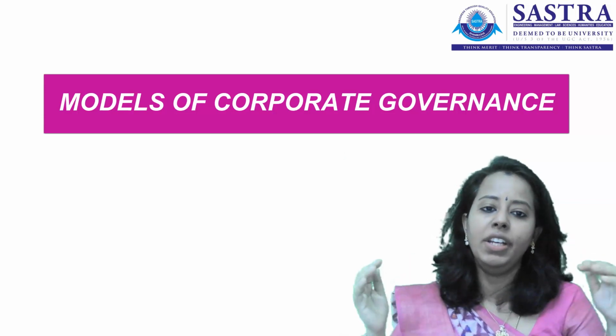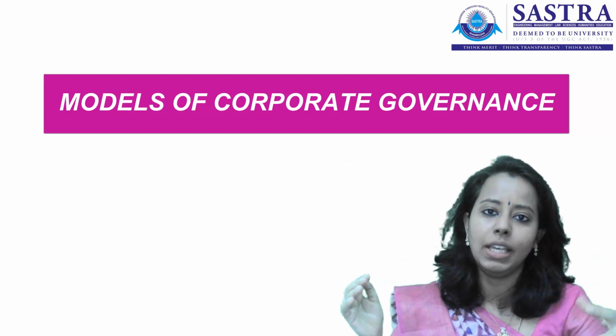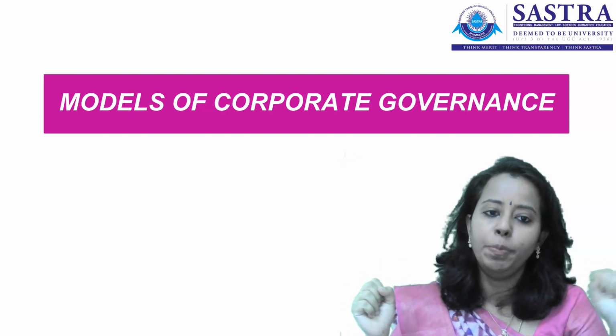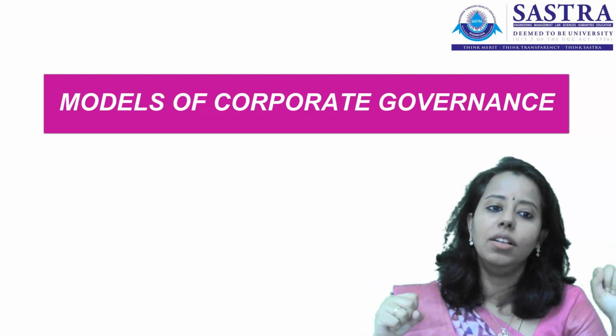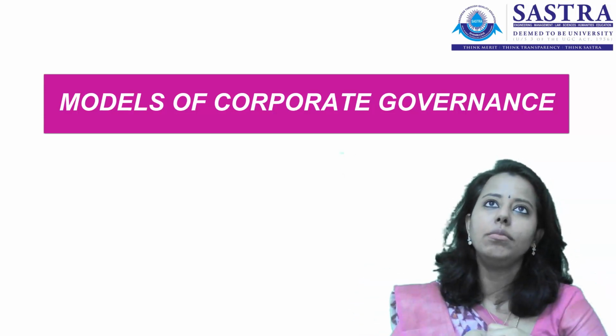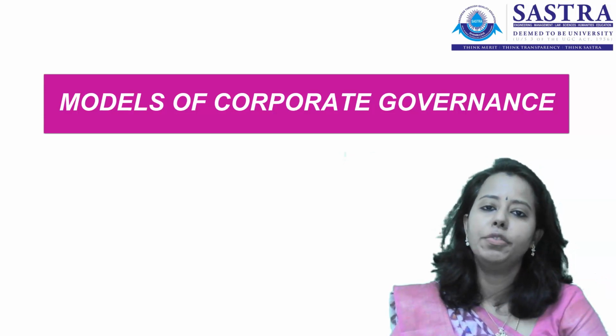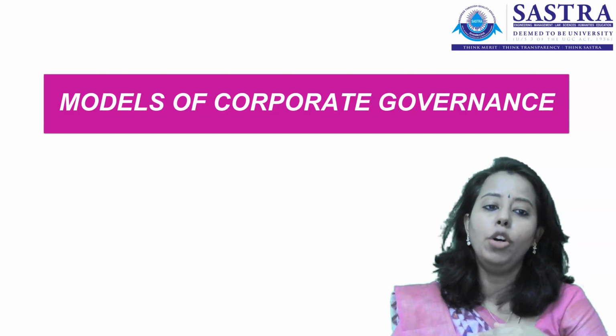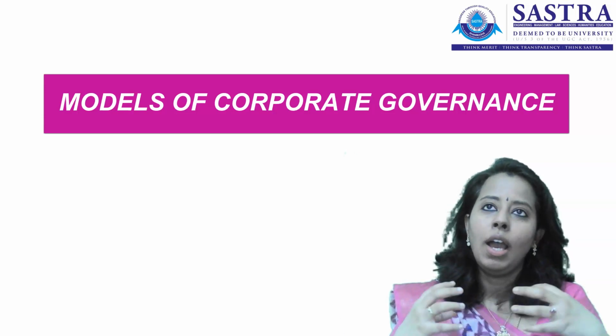In the corporate governance structure, we have several basic elements: the pattern of share ownership, the key players in the corporate sector, the composition of the board of directors, and the interaction among the key players.